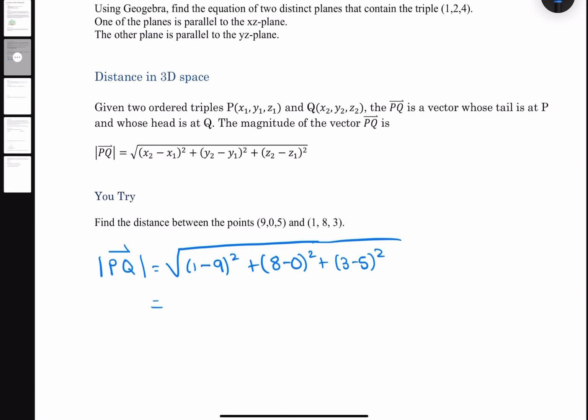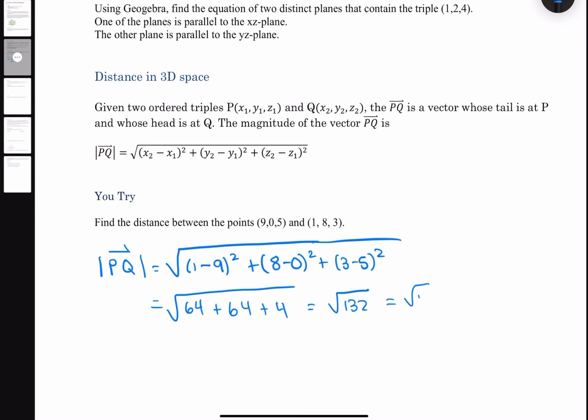And that's going to give us 1 minus 9 is negative 8. Negative 8 squared is 64. So the square root of 64 plus 8 squared is another 64. It's 128. 3 minus 5 is negative 2. Negative 2 squared is 4. So 128 plus 4 is the square root of 132.